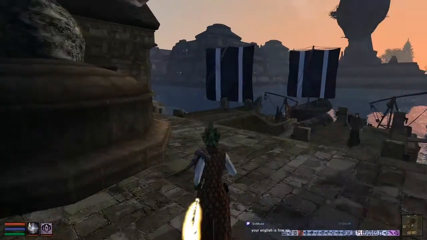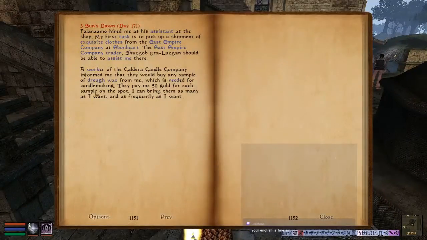Okay, so where do we have to go? From the East Empire Company, we must talk with this orc called Shetgob Gra. Let's go.